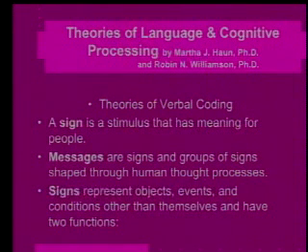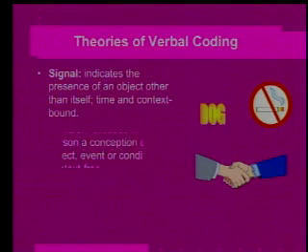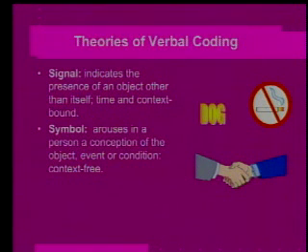So we're going to be looking in this unit at how this mapping process takes place and how we get to this representational theory of things. And we'll actually see a theory shortly that's called that. Okay, verbal coding is the first area. We'll look at nonverbal later on.